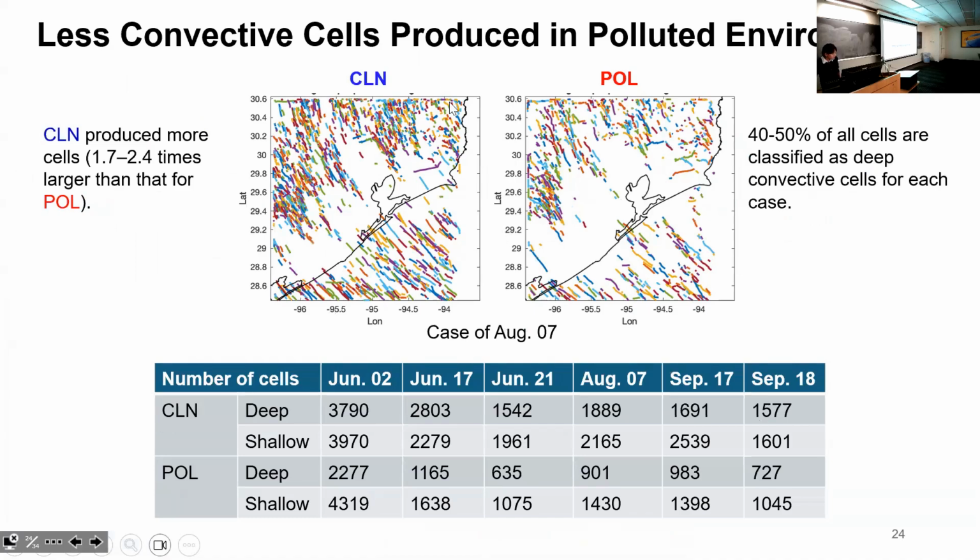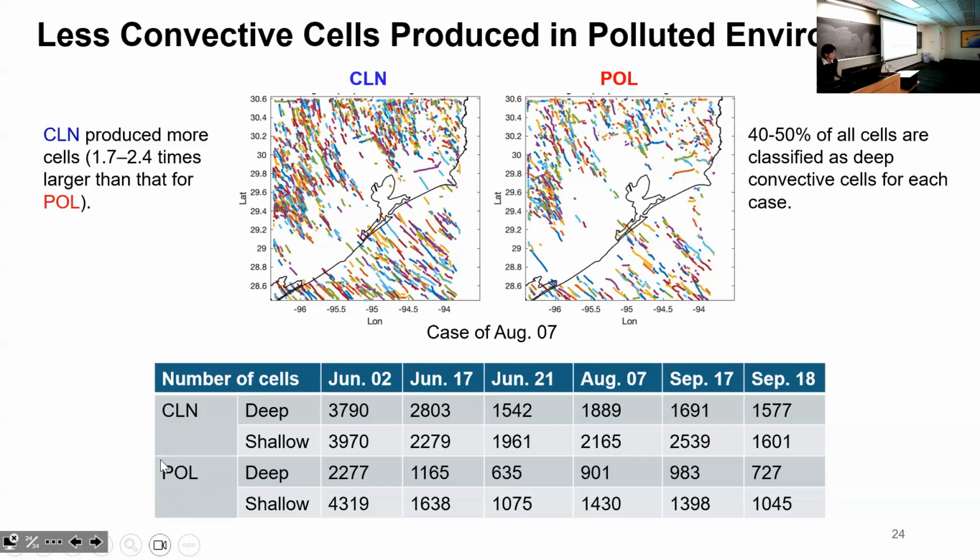Clean simulation is on the left side, and polluted simulation is on the right side. The table here shows the number of convective cells produced from each simulation, clean on the top and polluted on the bottom.